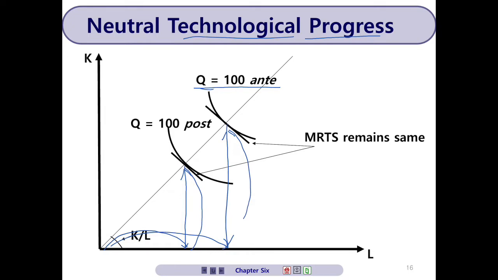The interesting thing is we can express that progress just by shifting the isoquant inward. After the progress, I may relabel this as 200 units of output. And the key thing for neutral is that the MRTS remains the same. Then you might ask, is there technological progress where the MRTS changes? Yes, and how? We will see it in detail in the next slide.